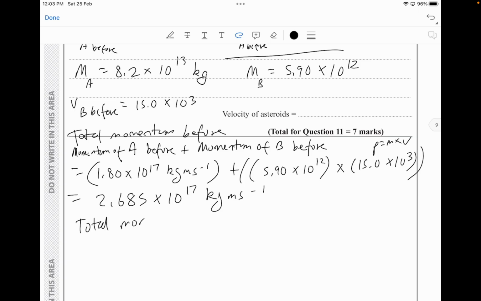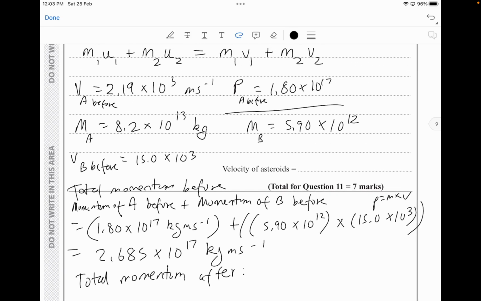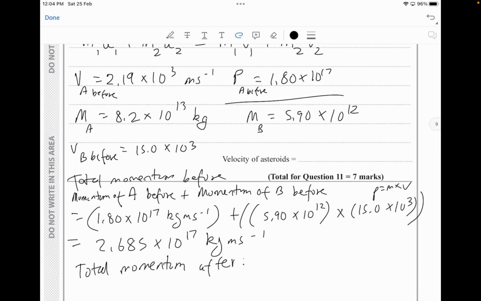So the total momentum after is going to be the momentum of A after. If you look here, we're going to check which values we have and which ones we have to look at. We have to add up all the masses together.